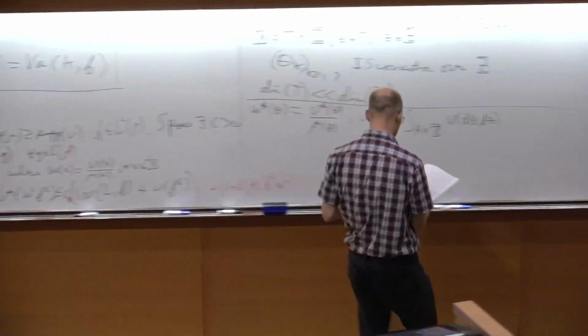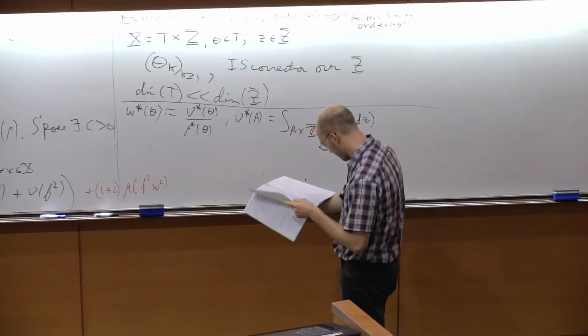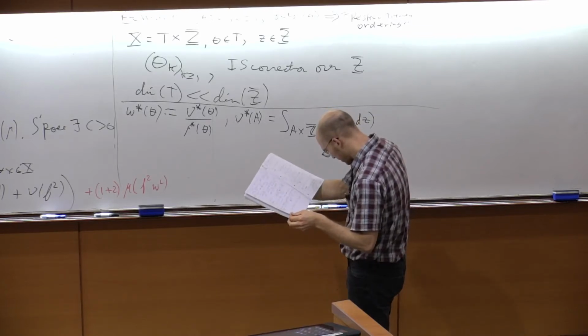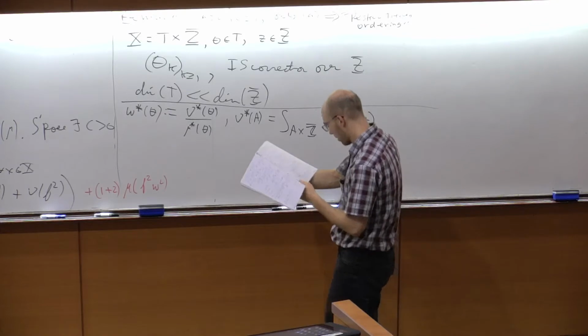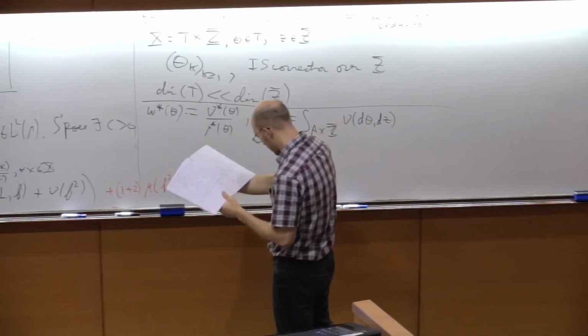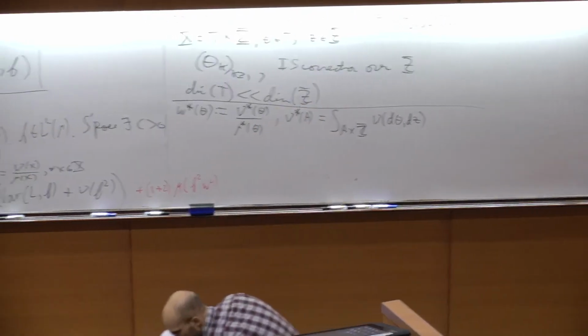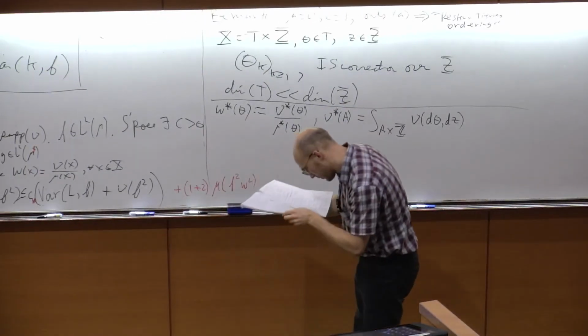And so instead of looking over this huge joint space, I only have to consider the marginal version.